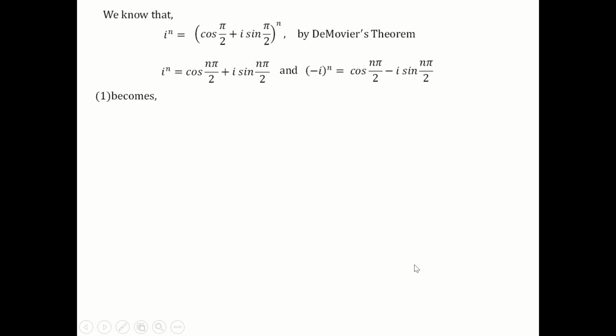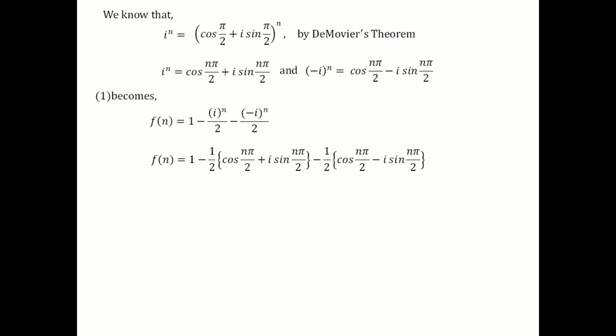Right? So equation 1 becomes f(n) equal to 1 minus i^n by 2 minus (-i)^n by 2. Replacing the values, you will get 1 minus 1/2 (cos n pi/2 + i sin n pi/2) minus 1/2 (cos n pi/2 - i sin n pi/2). So grouping all the terms, 1/2 is common.